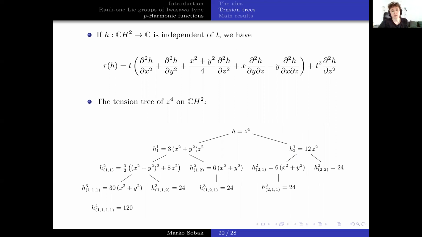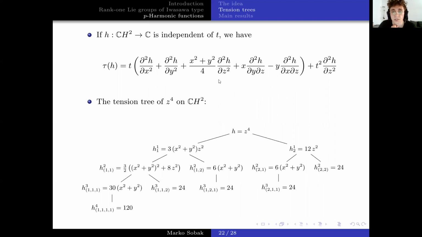So what we do essentially is plug z to the power of 4 into this formula for tau, and then we get t times something. Because our function only depends on z, if you look at all the terms, only the middle term will be non-zero. If you calculate it, the second derivative with respect to z of this is 12 times z squared.